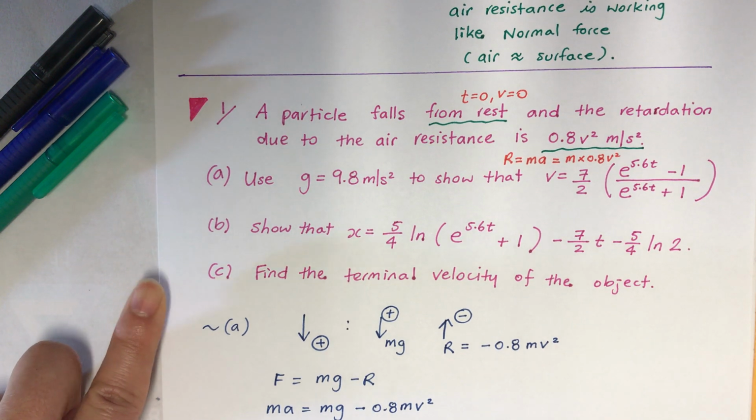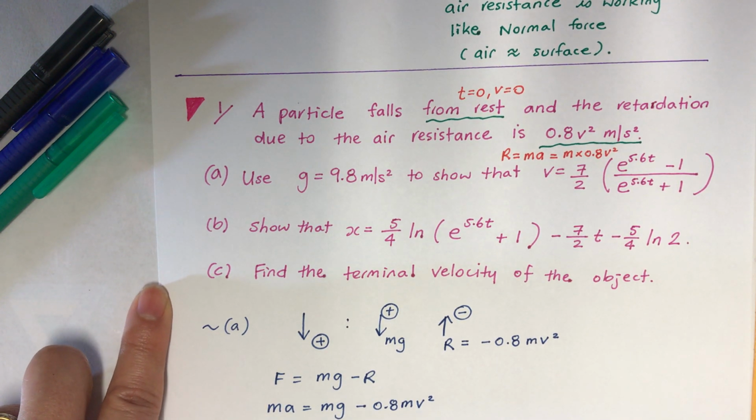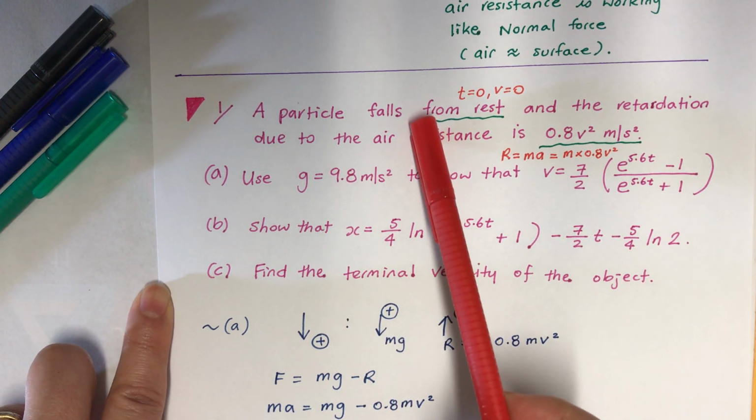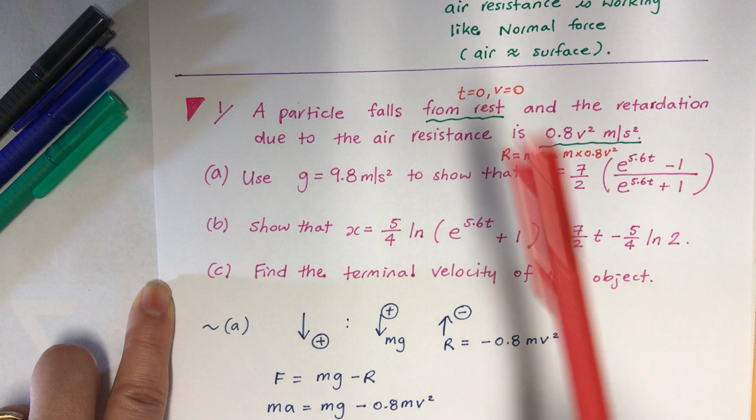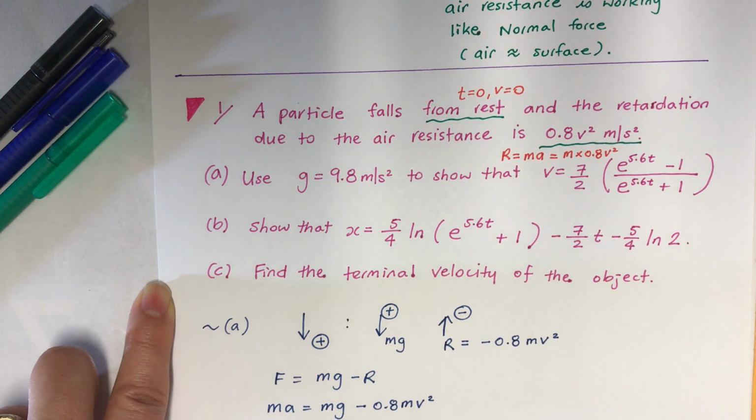Question 1 has 3 parts. A particle falls from rest. I've already underlined that. That means time is 0 and velocity is 0, unless they actually tell you something different.